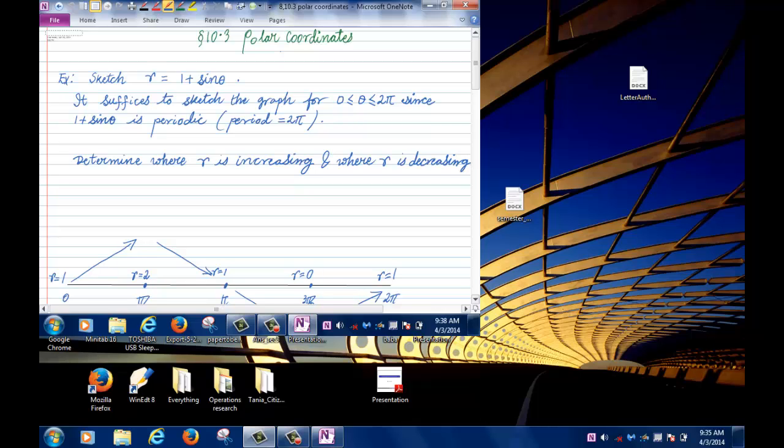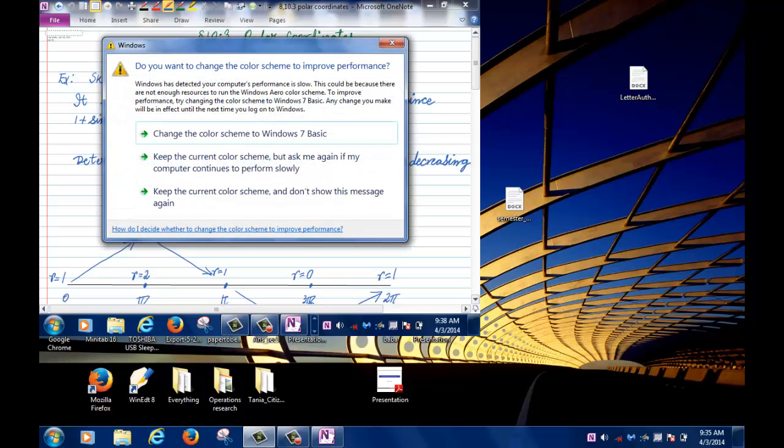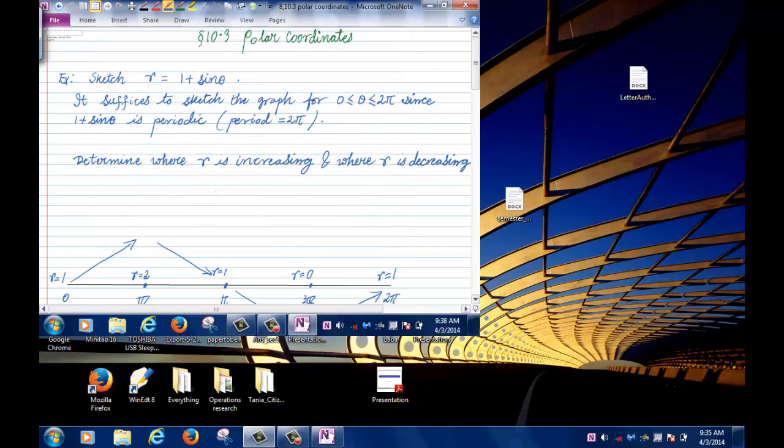So what we said was that in this case it suffices to sketch the graph of this equation for theta between 0 and 2 pi, and the reason being that this function sine theta is a periodic function with period 2 pi.